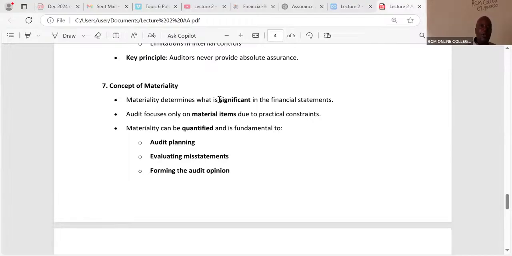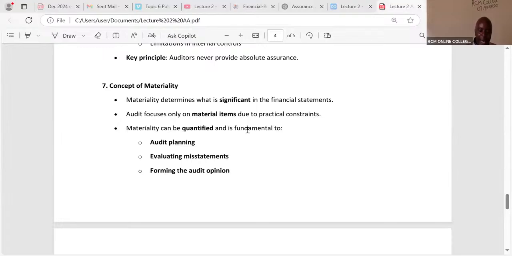So something is called material if it is significant. It's called material if it is able to influence decisions that are being made by the shareholders and everybody. If a figure is very, very small, we'll say that is immaterial. Audit normally focuses only on material items due to practical constraints.